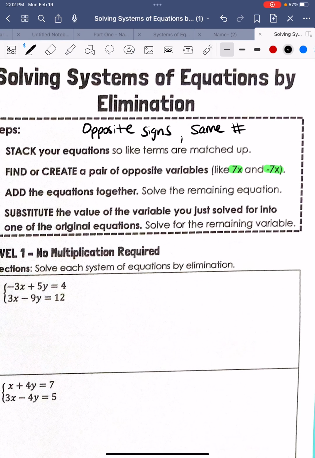Once you see the opposite sign, same number, you're going to add the equations together, or combine the equations, so you can solve for one letter at a time. Because once you have one of the variables, you can substitute that value back in, just like what we were practicing earlier with the substitution method.